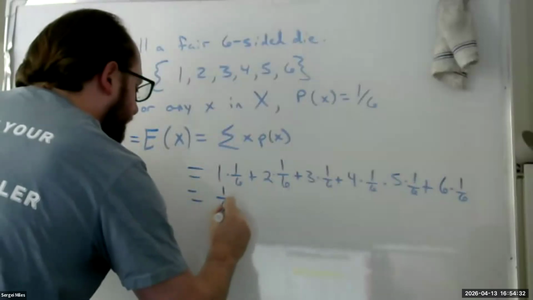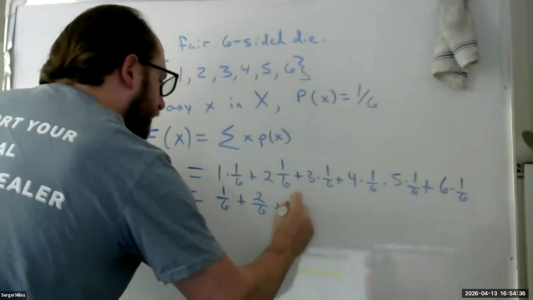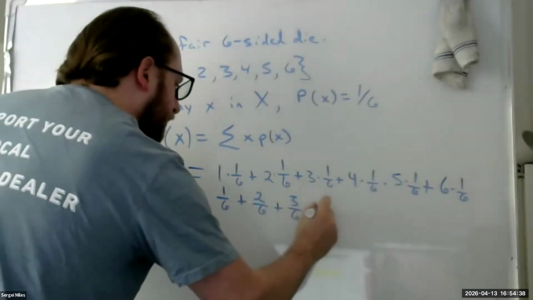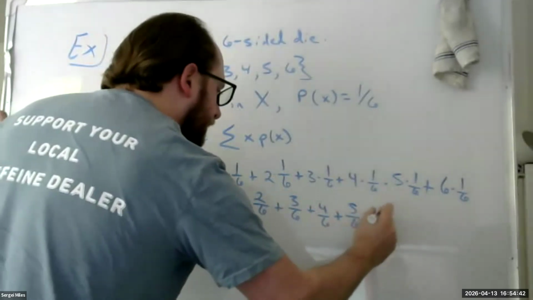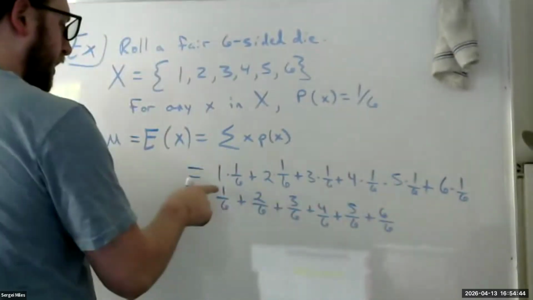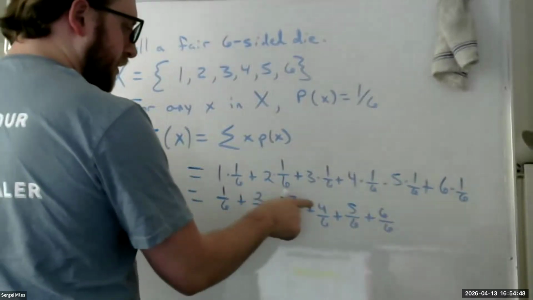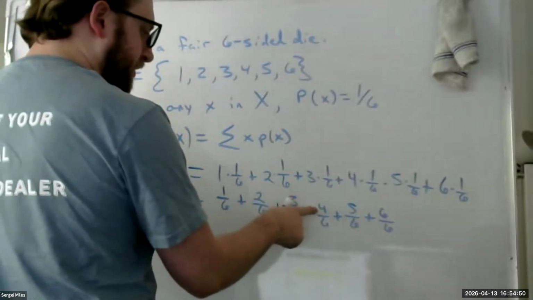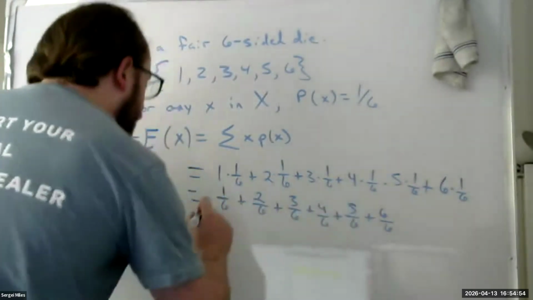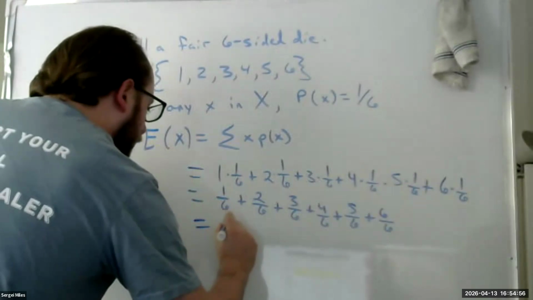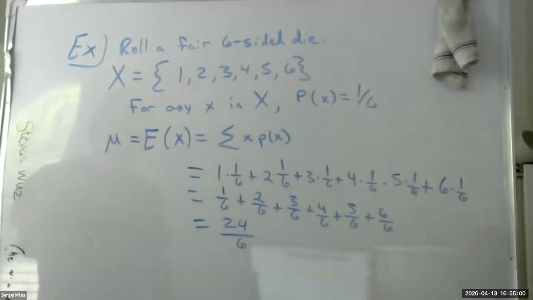I have 1/6 plus 2 over 6 plus 3 over 6 plus 4 over 6 plus 5 over 6 plus 6 over 6. So this will be 1 plus 2 is 3, plus 3 is 9, plus 4 is 13, plus 5 is 18, plus 6 will give us 24. And so we have 24 divided by 6.